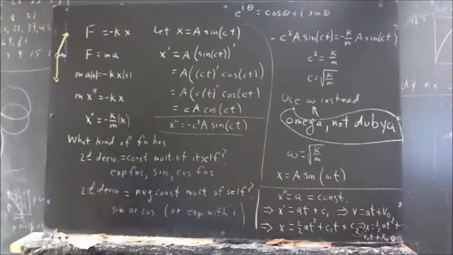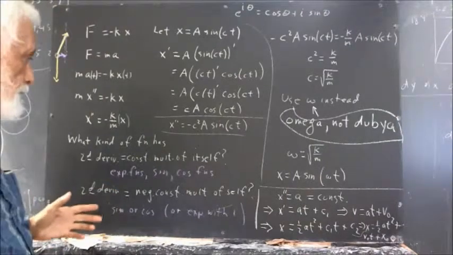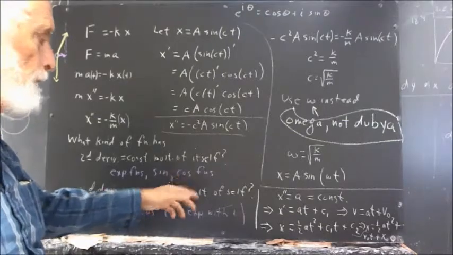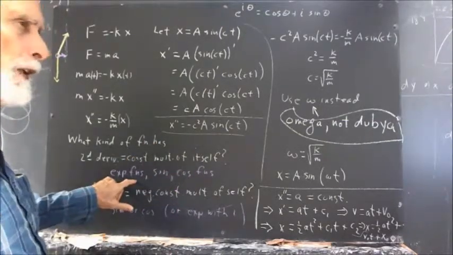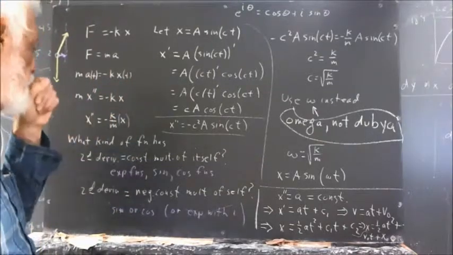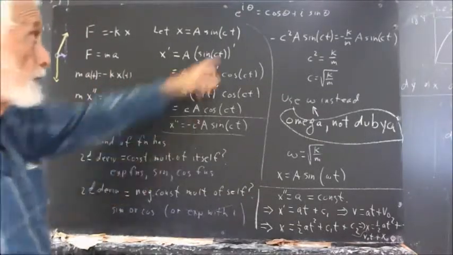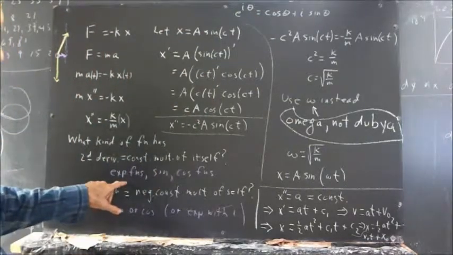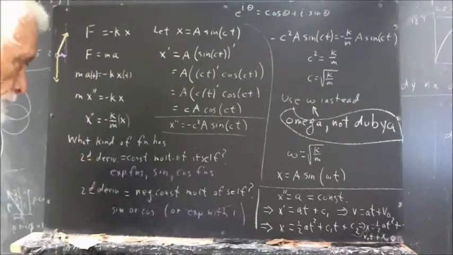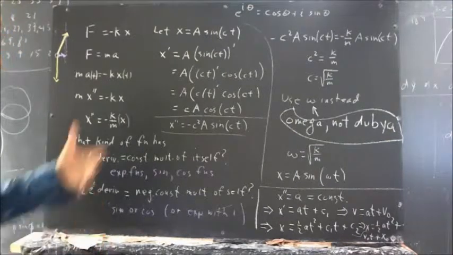Now, let's go back to this. Okay, so we've established that the second derivative of either a sine or cosine is a negative multiple of itself. For an exponential function of a real variable, that is where we don't put an imaginary up here, the derivative is equal to a positive constant multiple.